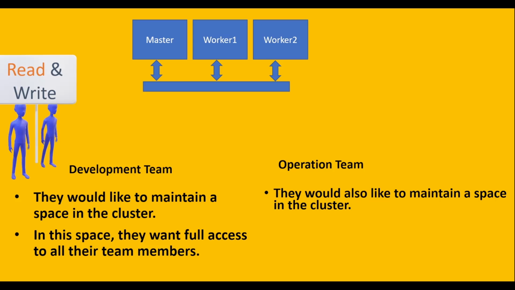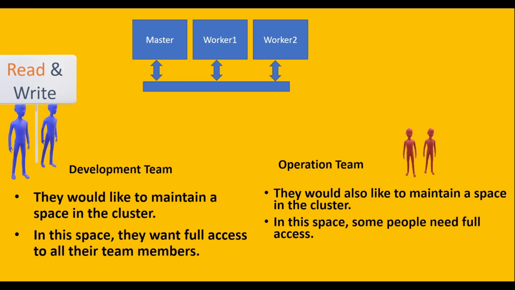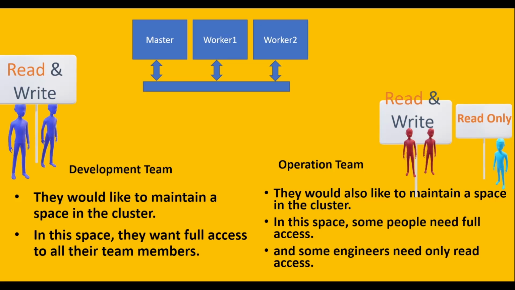On the other hand, in the operation team, some people need full access. Some engineers need only read access. It means restrictions are there: who can create or modify the resources and who can only list the resources. Inside the namespaces, we can apply the restriction with the help of RBAC.